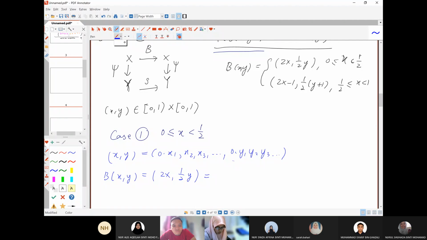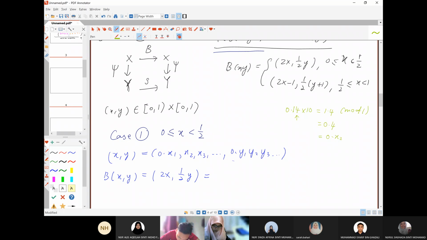Kalau contoh, kalau 0.14 darab 10 akan jadi apa? 1.4. Kalau kita ambil mod 1, 0.4. Okay, so 0.4 ni adalah actually the second digit kan? So you have 0.x2. Sebab x1 tu macam kita dah cancel lepas kita darab dengan 10.